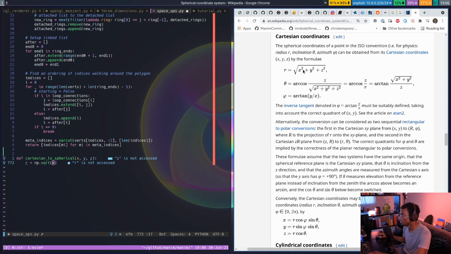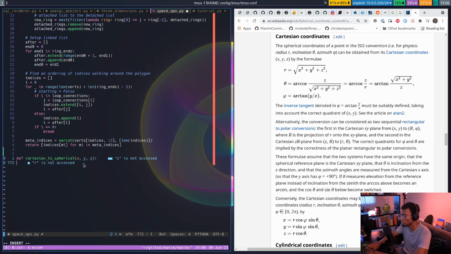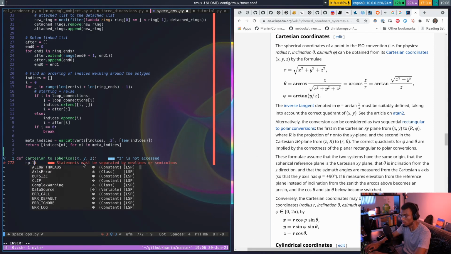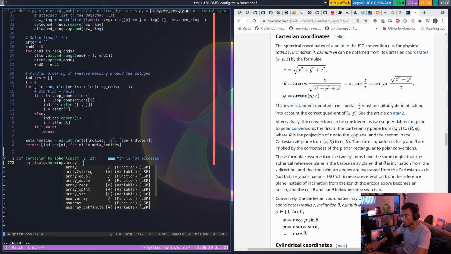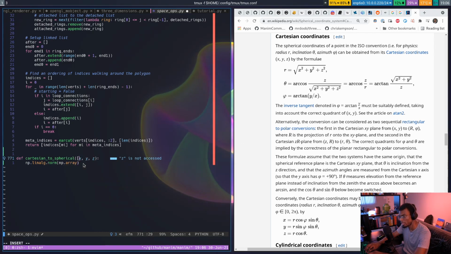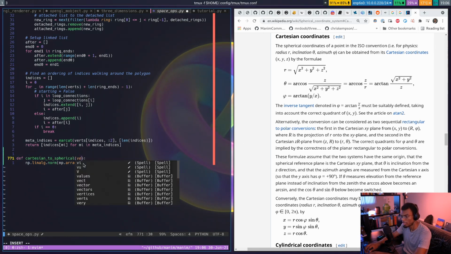This is just the norm of this vector, right? Actually, this should be a vector, shouldn't it? I think this should just be a vector.